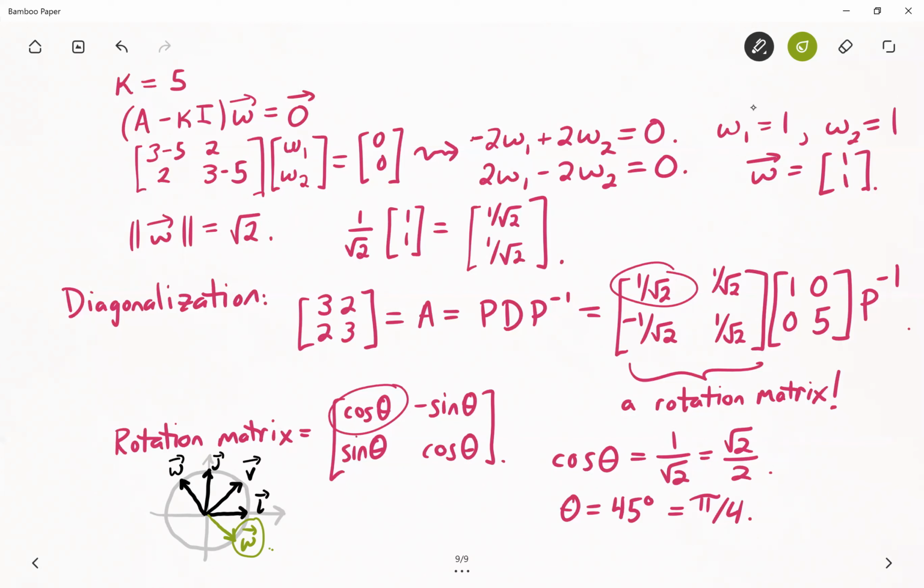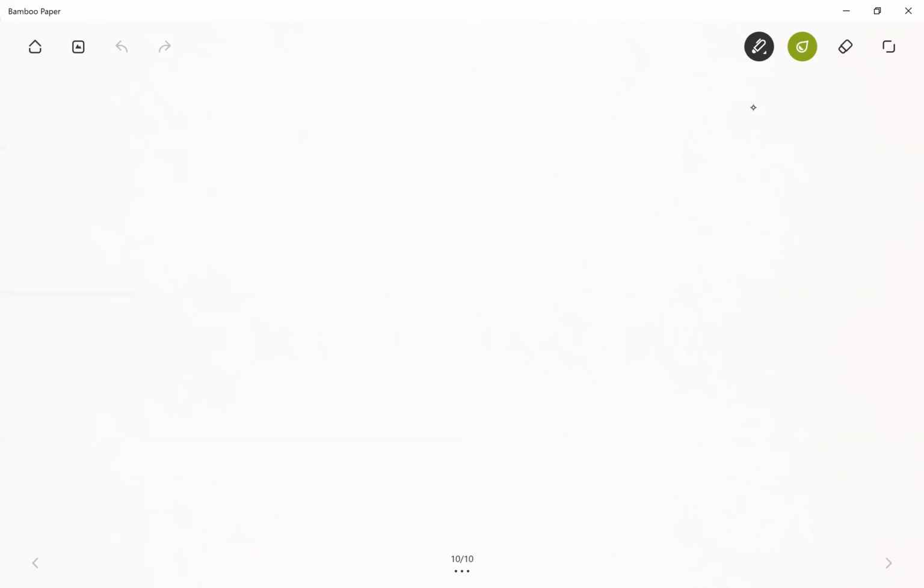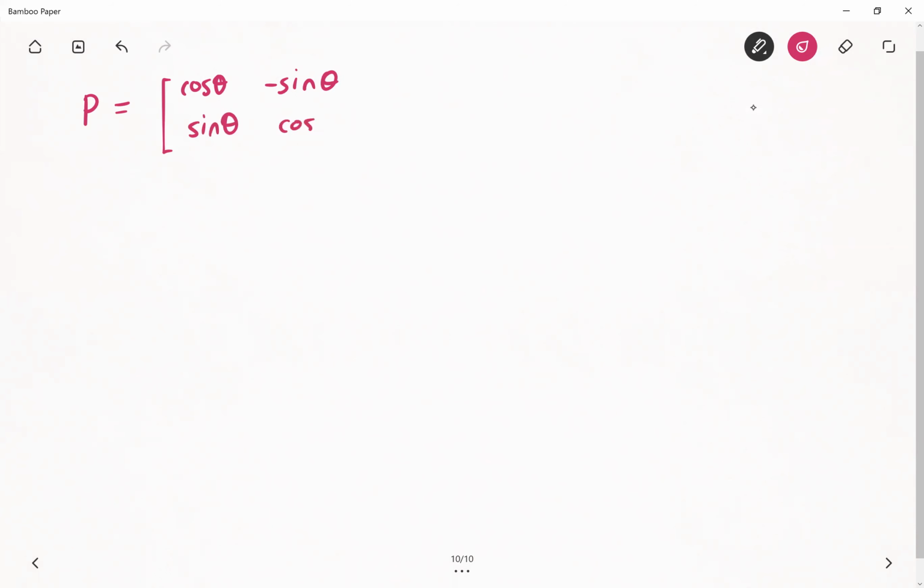Now, there's one final thing I'd like to talk about, which makes diagonalization of symmetric matrices really neat. And so we know that the matrix P is a rotation matrix: cosine theta, negative sine theta, and cosine theta. But what happens when we calculate the inverse of this matrix? Right, if we do the formula for the inverse of a 2 by 2 matrix, we'll get 1 over the determinant.